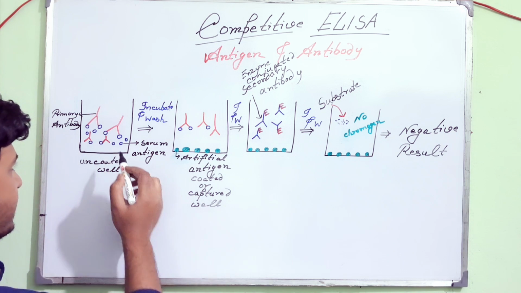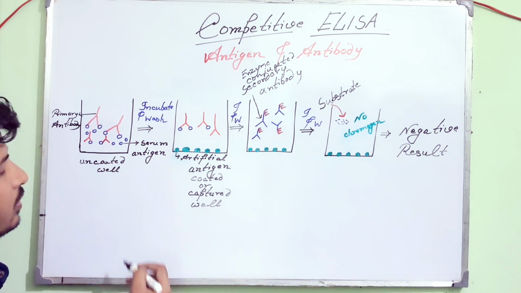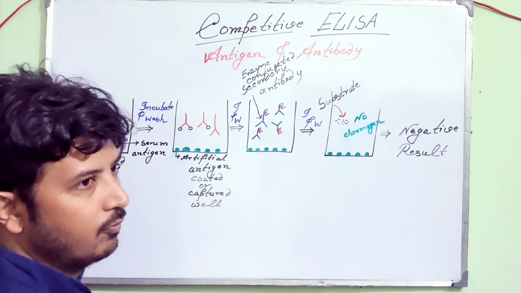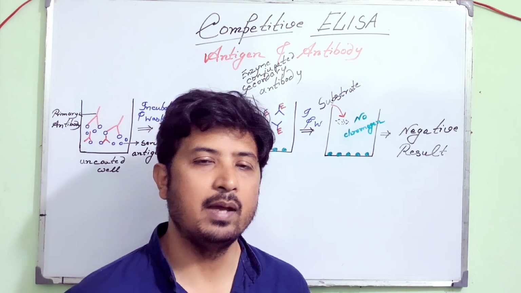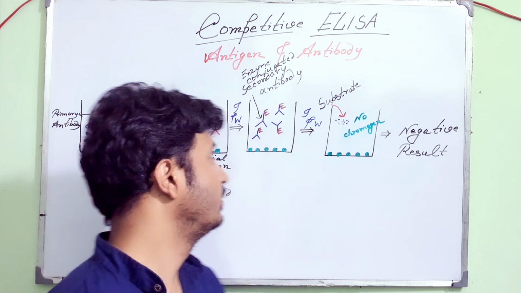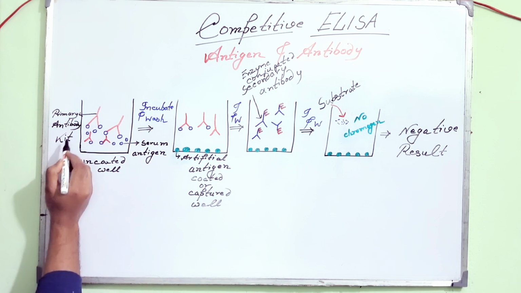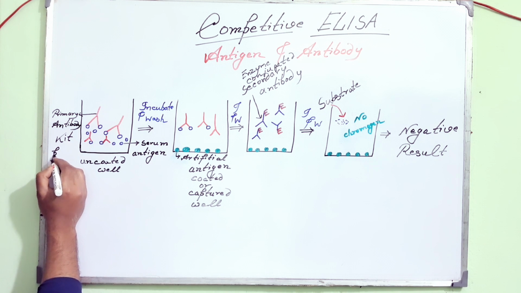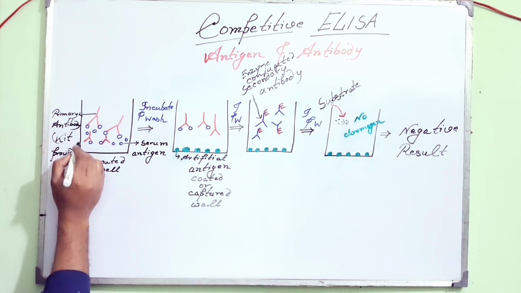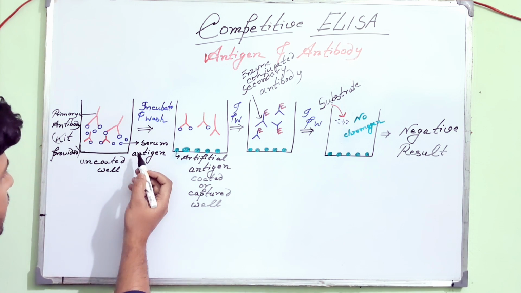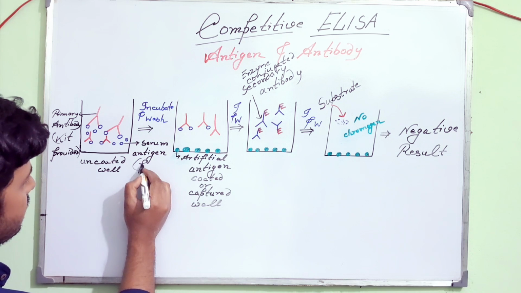First the patient serum is given at a particular amount and then primary antibodies were given. Now these primary antibodies are kit provided, whereas the serum antigen is from the patient.